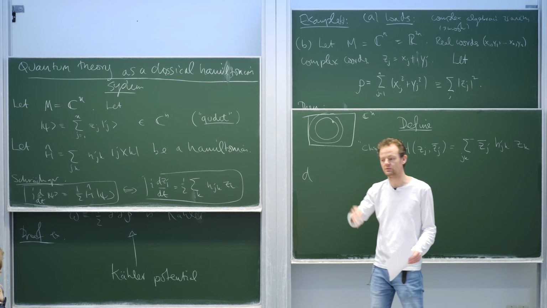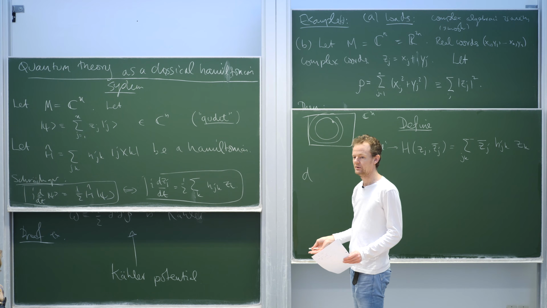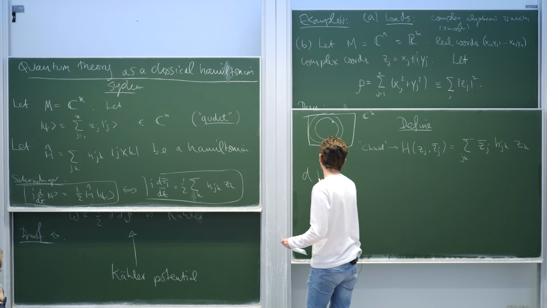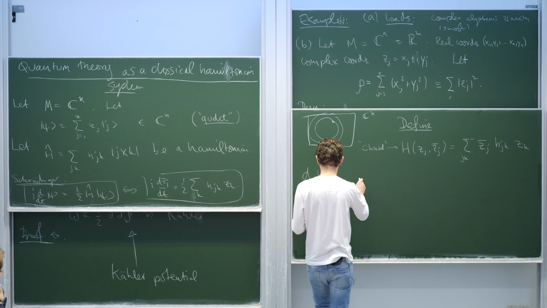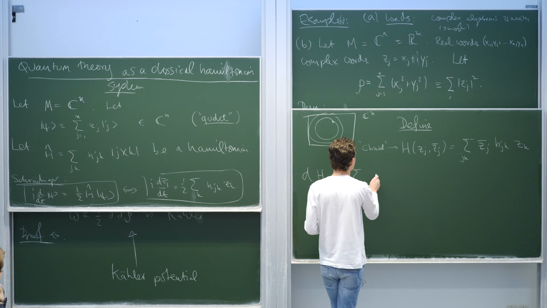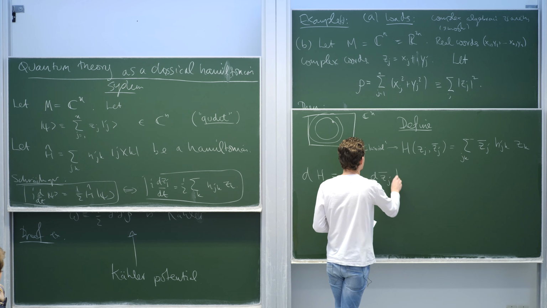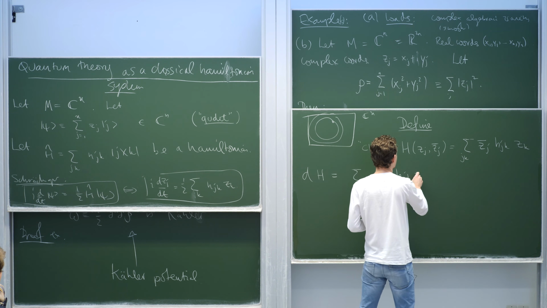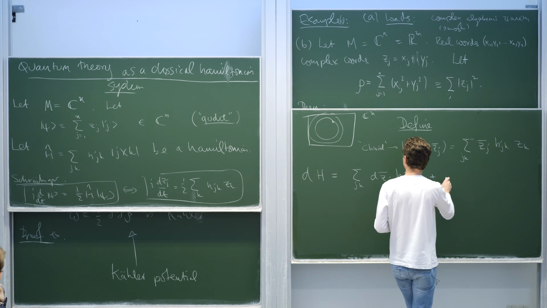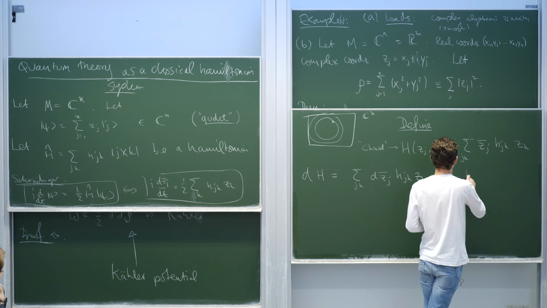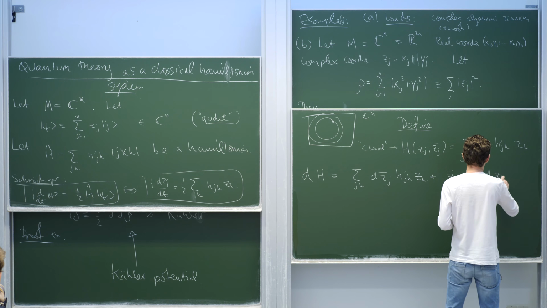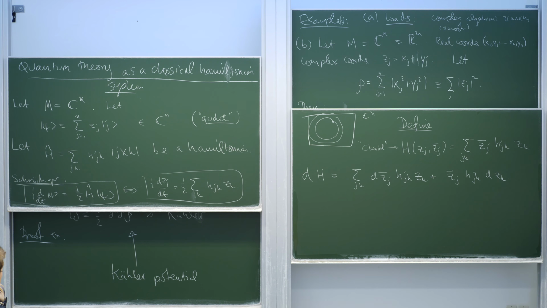When you have a function on a symplectic manifold, how do you work out the flow? Well, first you compute d of h. Well, that was a Leibniz rule away.